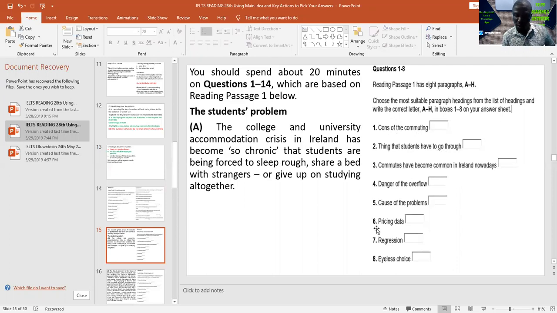Cause of the problem, no. Price data, regression, no. So it's between 2 and 4, but this one, things students have to go through, seems to match more. Sometimes you might have to change your mind during the course of the exercise, but this is a very short paragraph: accommodation issue, response of students. That's the thing, so this one most likely will be 2. Let me just put it by the side. So this paragraph most likely will be 2.